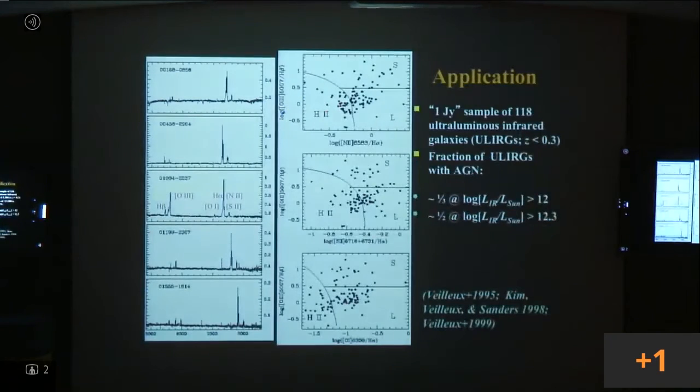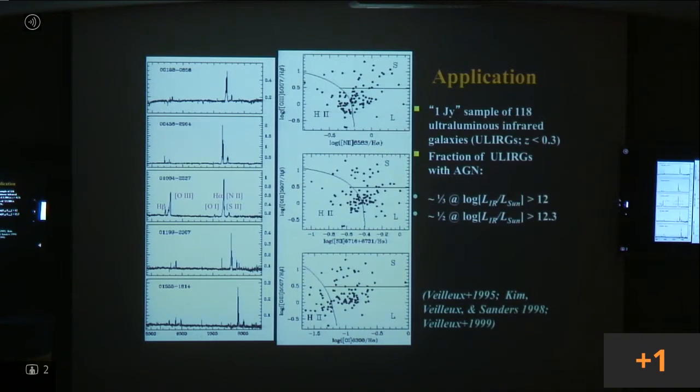So the main diagrams that have been used in the optical were in our 1987 paper, involving the nitrogen II, the sulfur II, and the O I, and that's been used in the literature quite a bit. And we used it in the late 1990s. We applied it to infrared bright galaxies, especially the so-called ultraluminous infrared galaxies that have quasar-like luminosity.